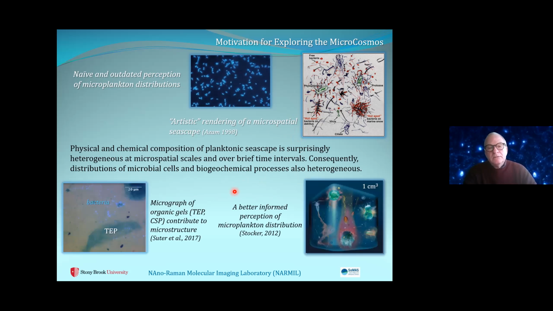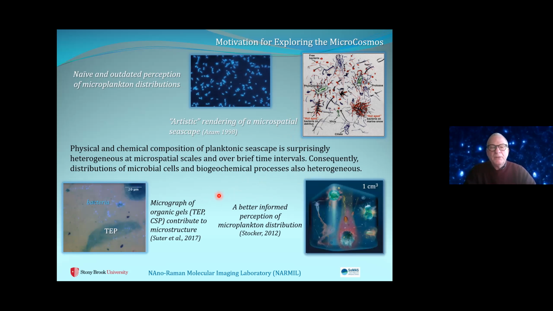So the physical and chemical composition of the seascape is really at microspatial scales that matter to microorganisms. It's very heterogeneous, much more so than we ever imagined, showing what 1 cubic centimeter may look like if you could really see it in those 3 dimensions.